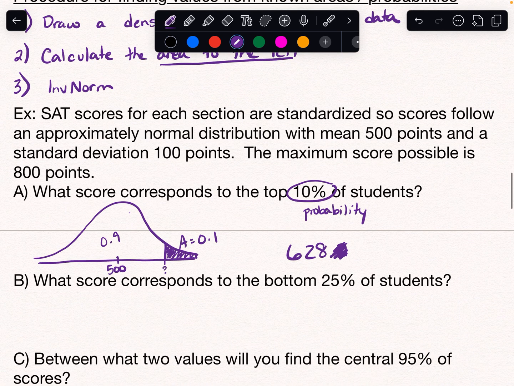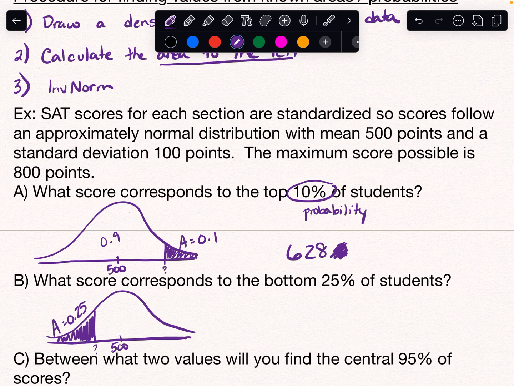Okay, moving on. What score corresponds to the bottom 25% of students? Same thing, my mean's right in the middle, 500. Now I want the bottom 25%, so this is also a probability. Maybe I say a quarter of the data starts there. So this is my area of 0.25, and I need to figure out this data value mark.